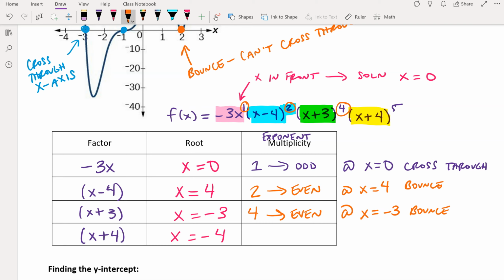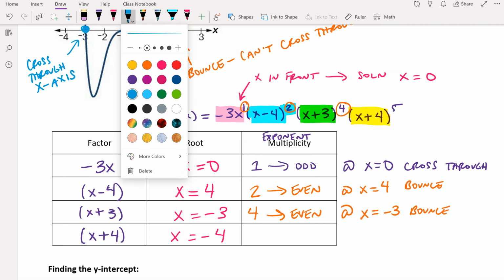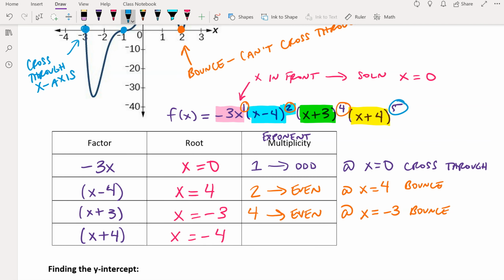I will show you how to put all this together and draw it in a second. Then my last one is the exponent on the factor x plus 4. That is 5, which is another odd number because it cannot be divided by 2. So at x equals -4, we're going to cross through.